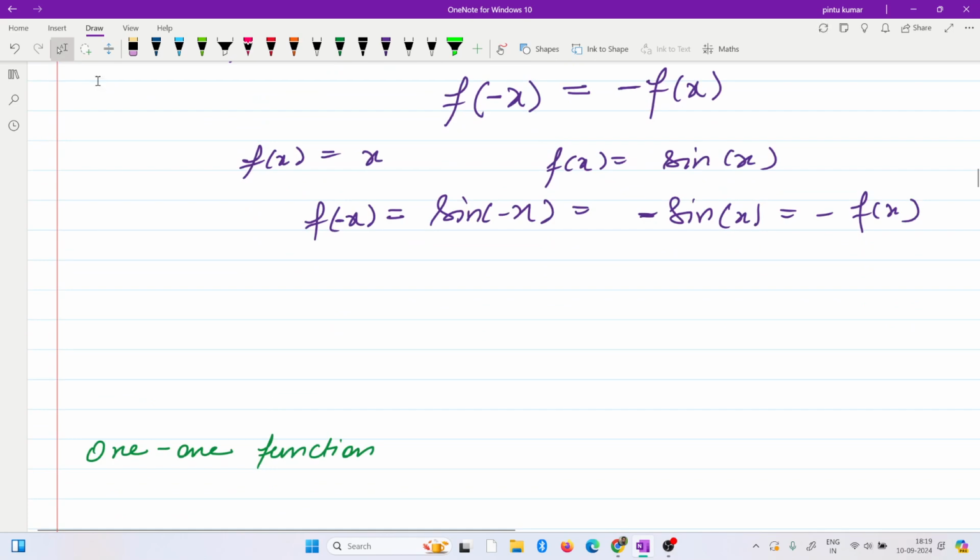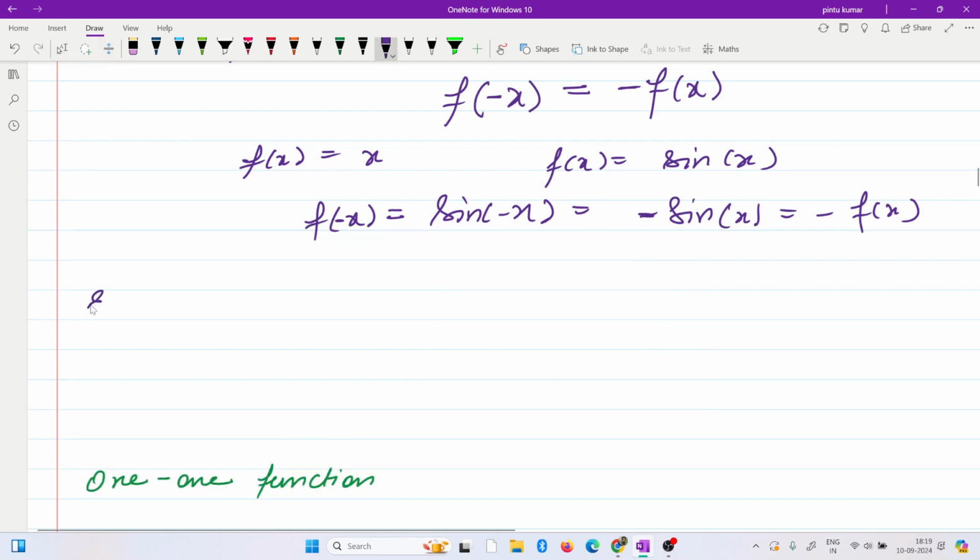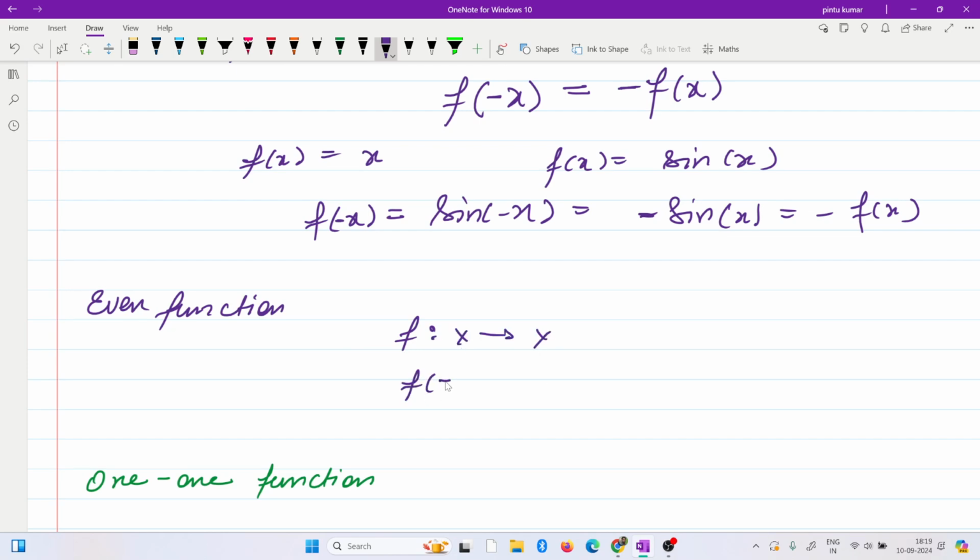Something similar is the definition of an even function. So an even function will consume the negative sign. It's also a function from X to X, having the property that f of minus x is f of x. So even if you give the negative sign, it will consume that negative sign.